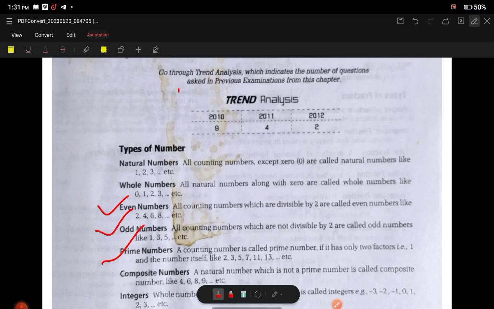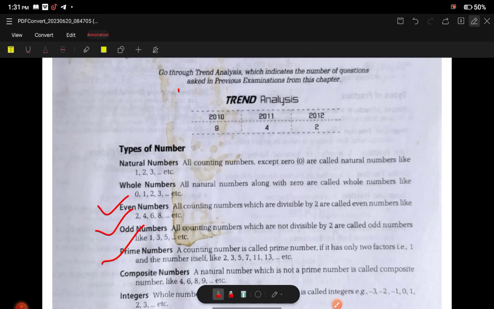So even numbers mean the numbers which are divisible by 2, multiples of 2. A number which is divisible by 2 is called an even number. It can be expressed as a pair of 2, or a multiple of 2, this is an even number. Which will be an odd number? An odd number means a number which is not divisible by 2. These are the general definitions of even and odd numbers.